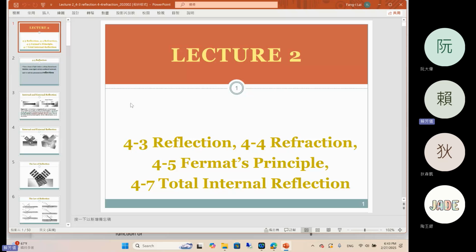In that situation, particle behavior is more important than the wave nature. That is already related to the atomic scale, where the dimension is much smaller than the wavelength. Okay, so that is back to geometric optics phenomena.